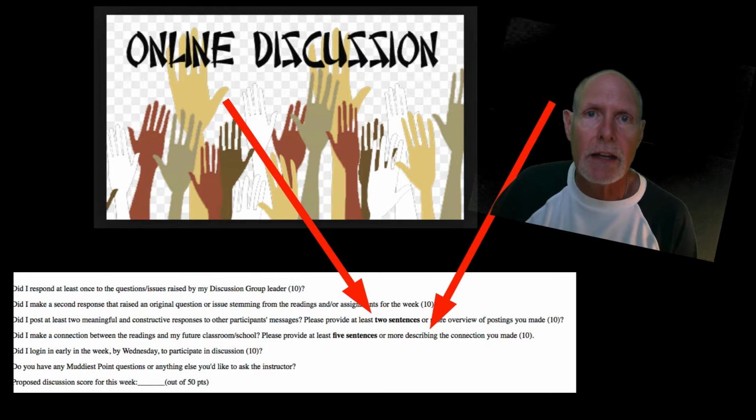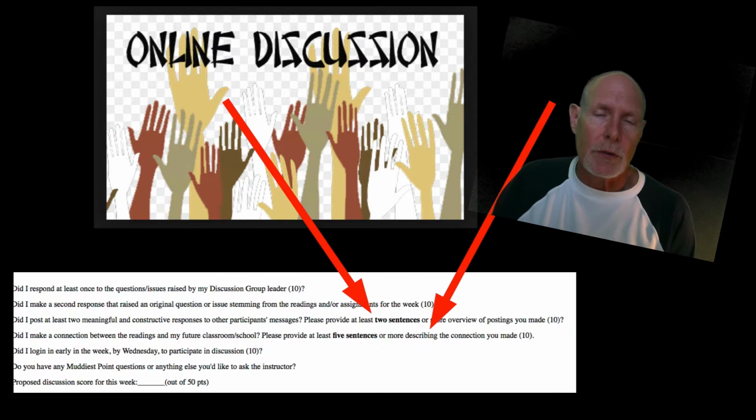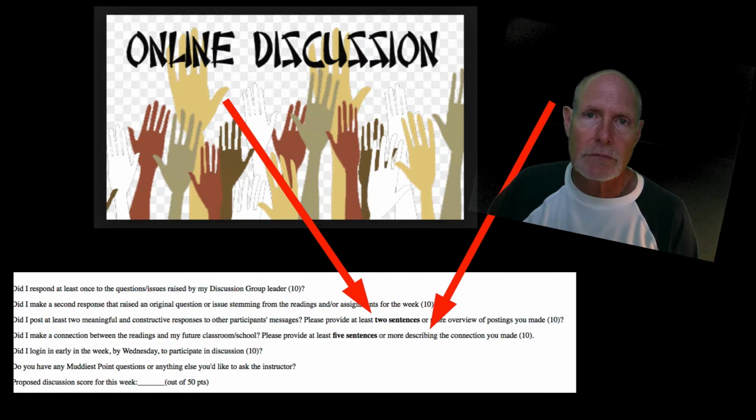I'm sorry about that, but you need to participate in discussion, and then at the end of the week, make sure that you're addressing all the points that are in the rubric. Don't just skim through it and say, oh, they just want me to give me a total number of points. Make sure you look at each of those points because one of them asks you to write at least 2 sentences. I've actually changed this rubric a little bit this week, so if you copied and pasted the old one, go back to the resources page and get the new one.